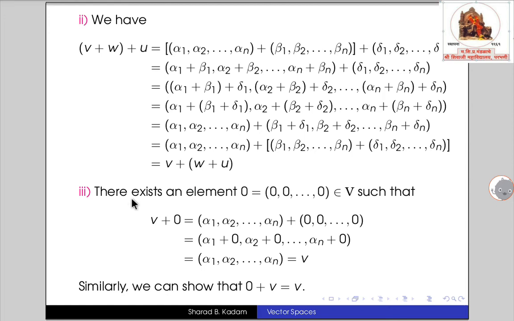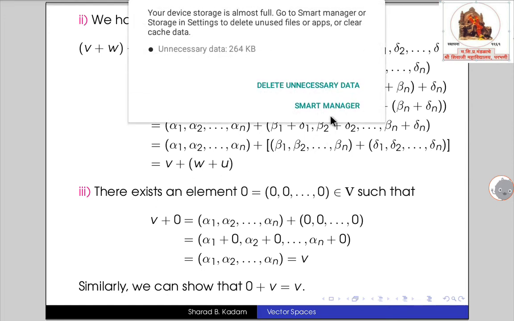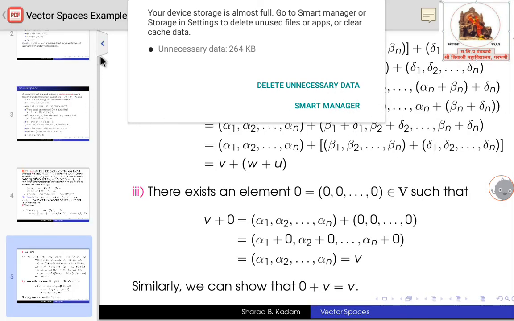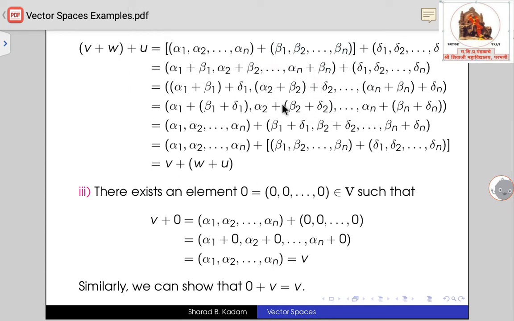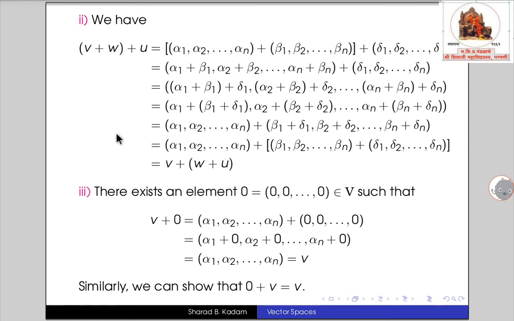Third property is existence of additive identity.